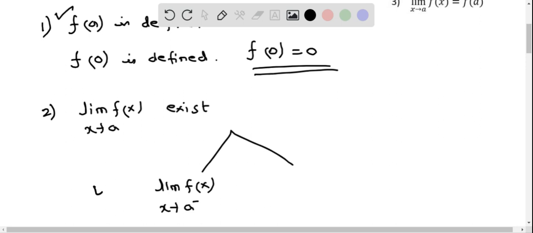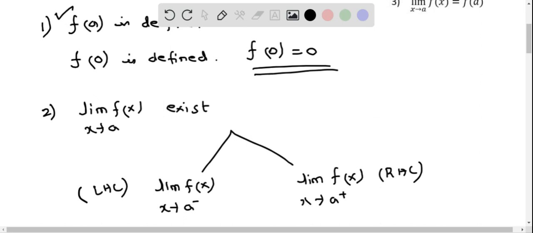And the other limit is the right-sided limit, which I write as the limit of f of x as x approaches a plus. These two basically have to be the same, that is, they should be equal. Only when they are equal can we say that the limit of the function exists. So let's do that.